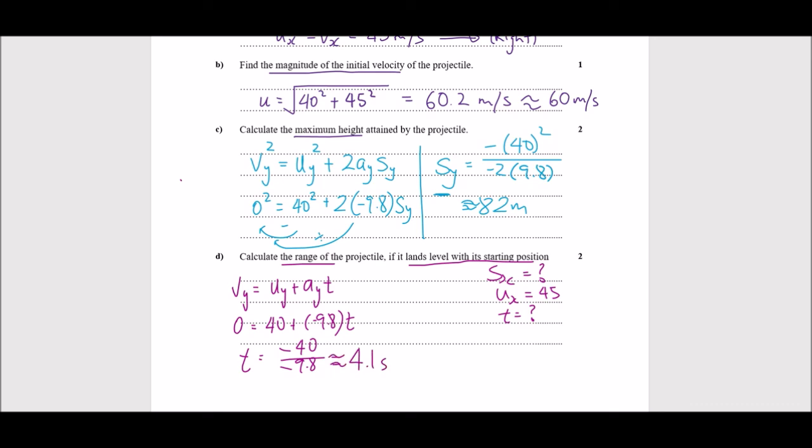Okay, so next I'm going to work out what the displacement is. The displacement is going to be 45 times 4.1 seconds, and I'll get an estimated approximate value of 148.5 meters in the range.